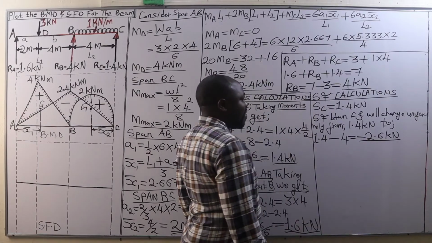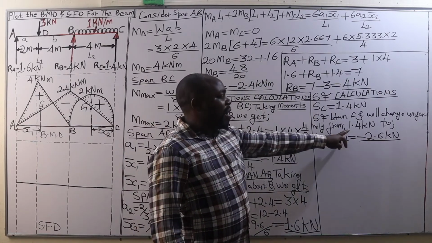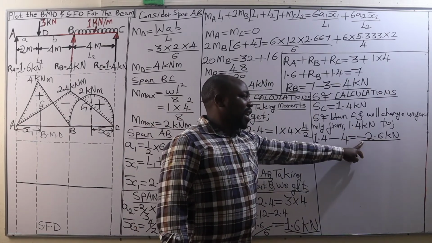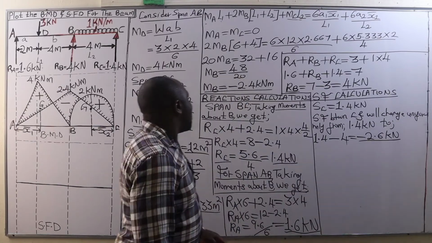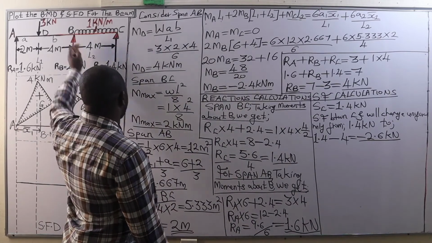So we are going to have a uniform change from 1.4 kilonewtons to negative 2.6 kilonewtons between C and B.